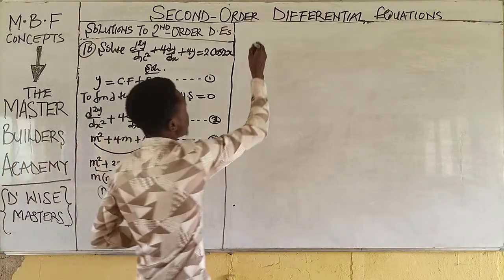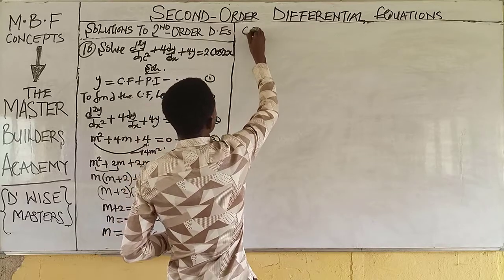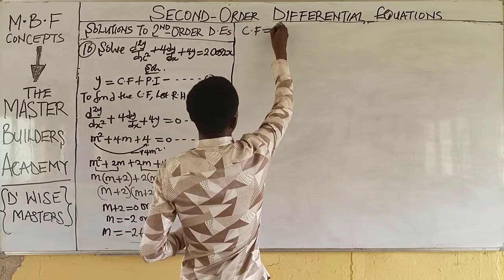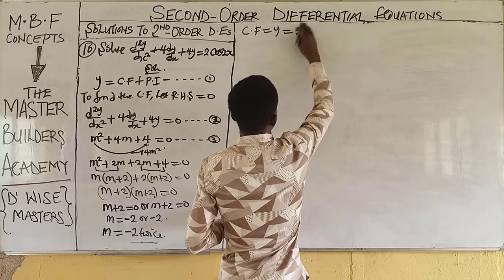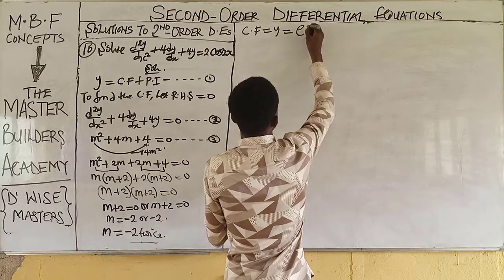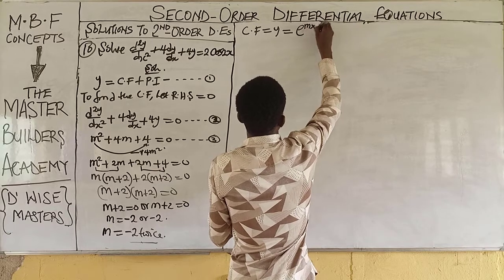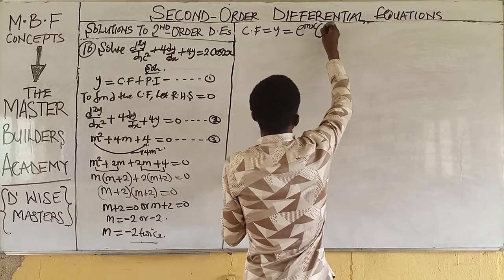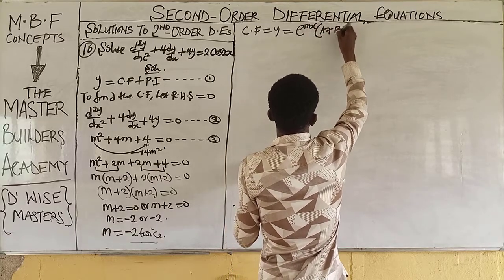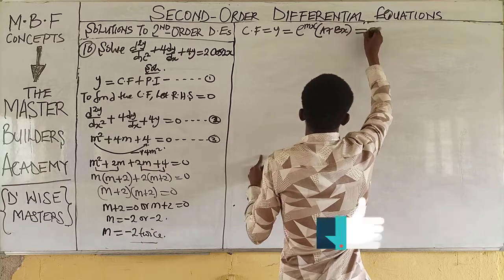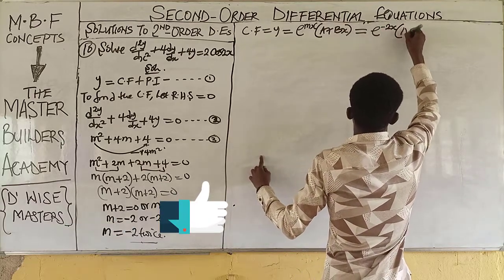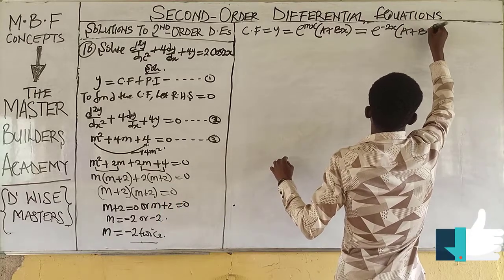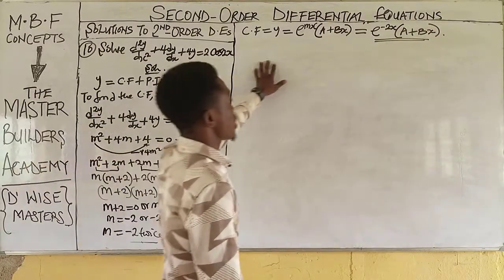We understand that the complementary function CF is given as y is equal to exponential mx into a plus bx. And finally, we have exponential minus 2x into a plus bx.